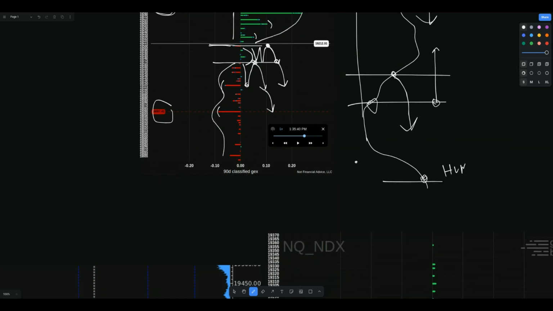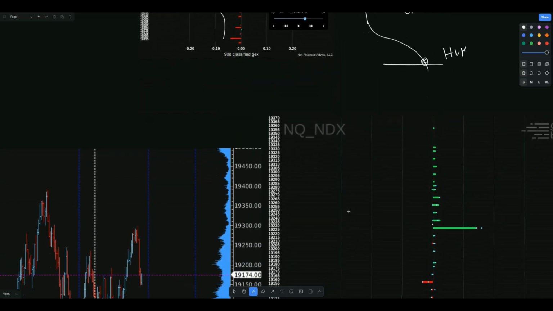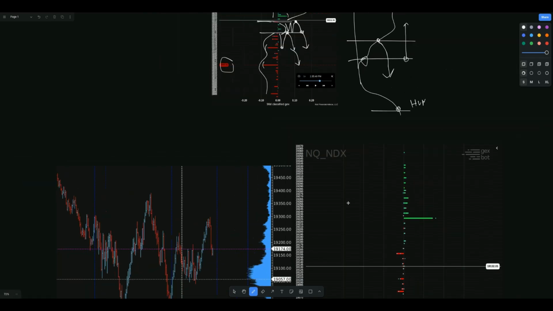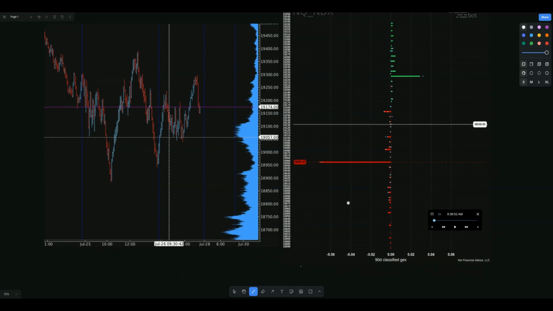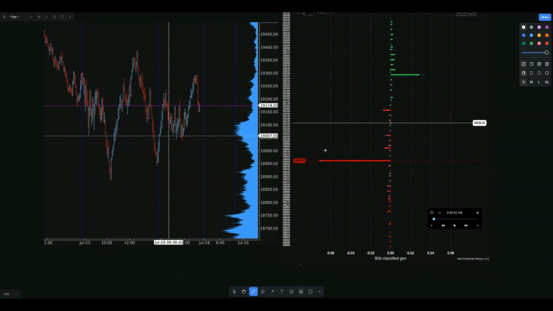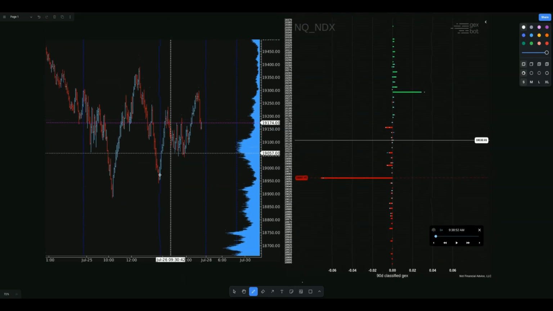I do have an example from today, sort of the thought process. It's really short and sweet, I promise. So today we open inside the previous day range, and immediately we see this positioning at 57, and then we see this at 230, which was also overnight high.